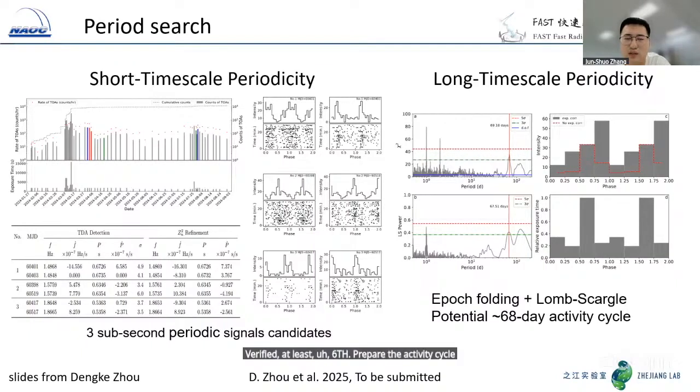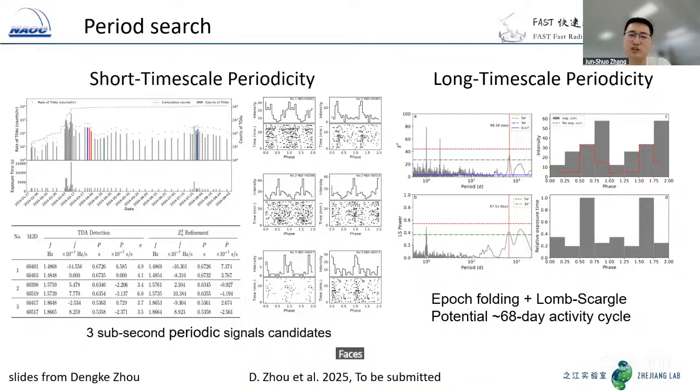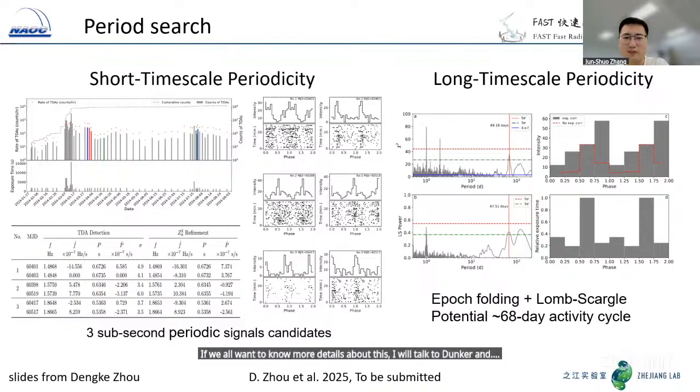But we only observed this source for 200 days, so there are only two or three phases for this result. It is not so solid. If you want to know more details about this, I will talk to Deng for your questions.